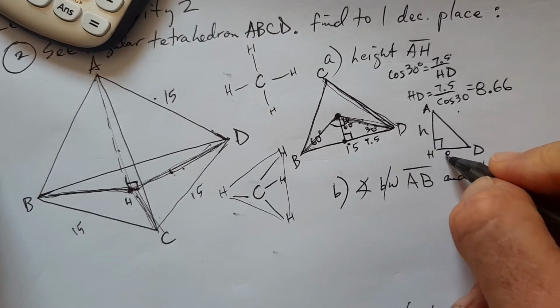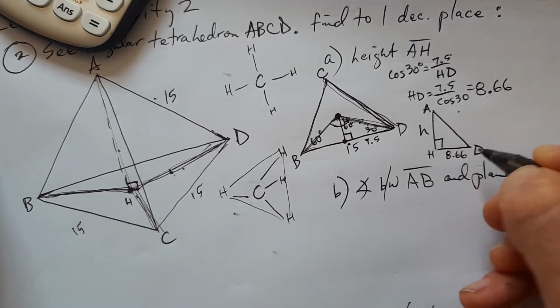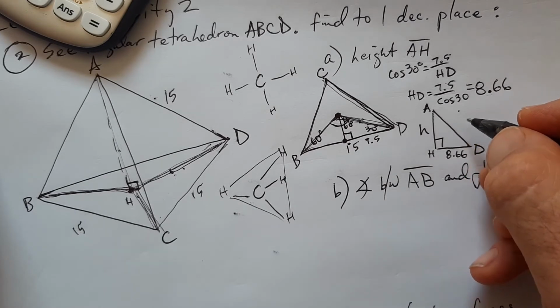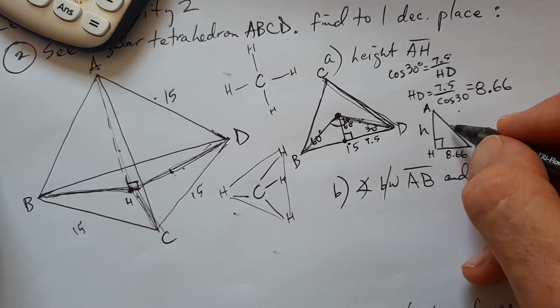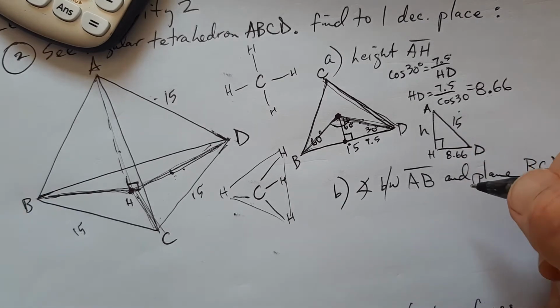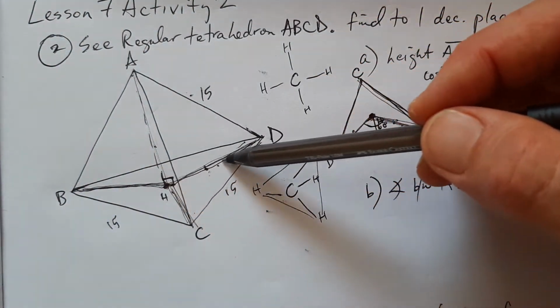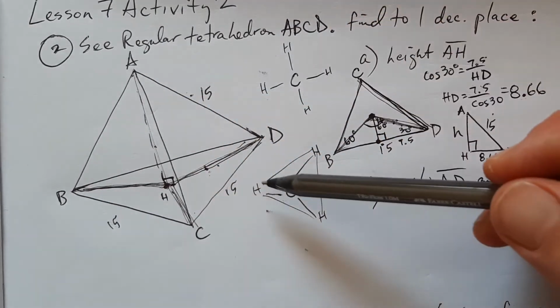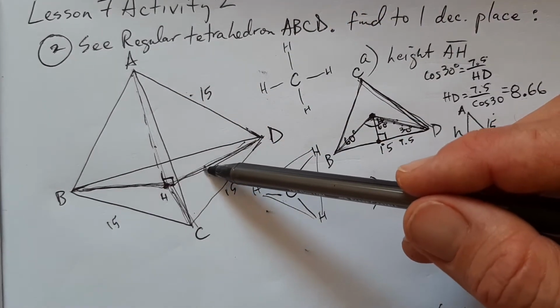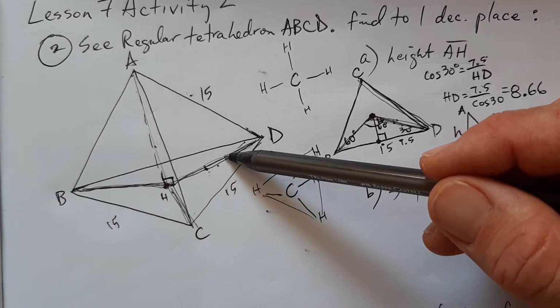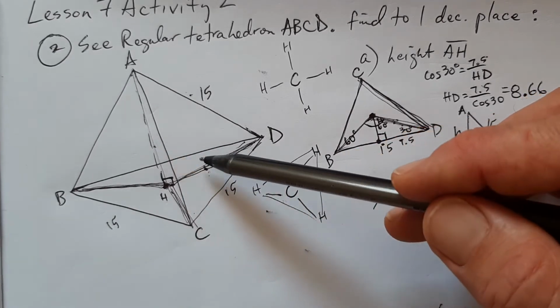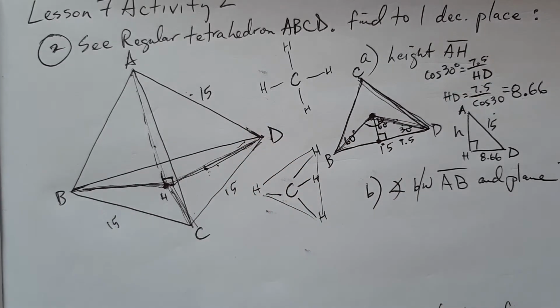And this is my 8.66. And this is my 15. Triangle AHD. So we did that other work to find this length HD. So now we just got this squared plus this squared equals 15 squared.